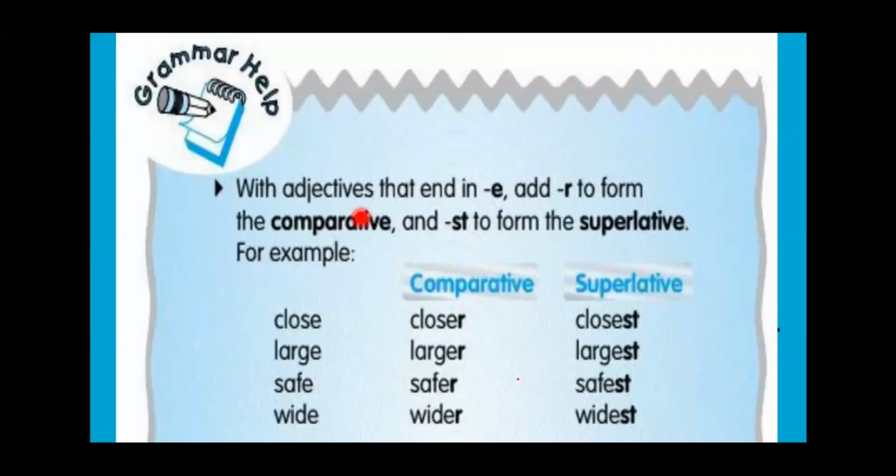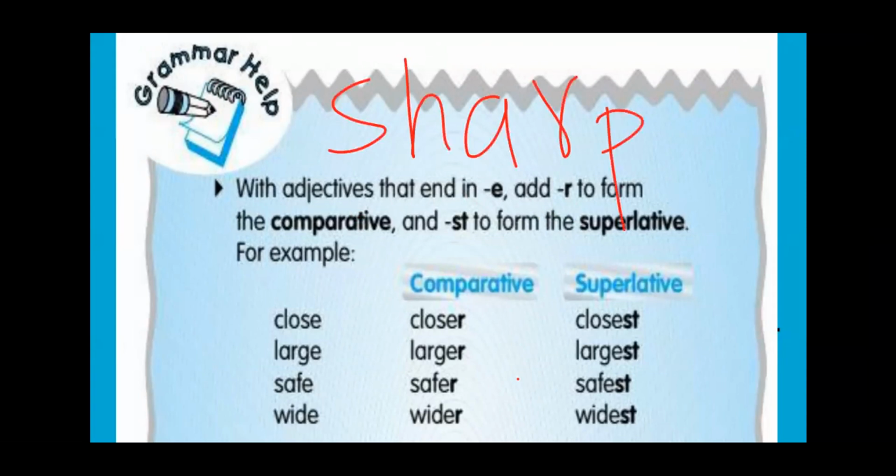See over here, with adjectives that end in E, we add R to form the comparative and ST to form the superlative. For example, the word sharp: sharper is the comparative, and then sharpest.